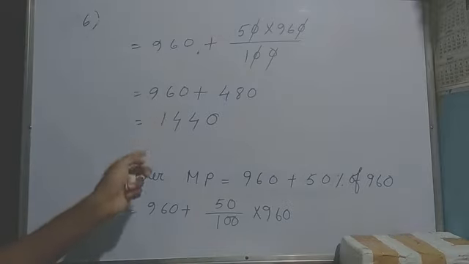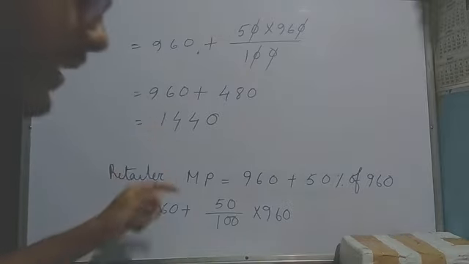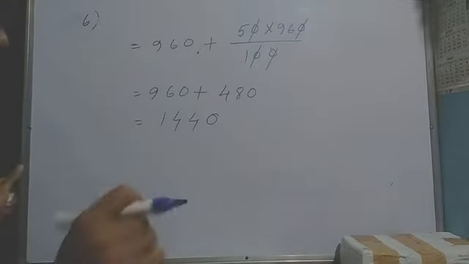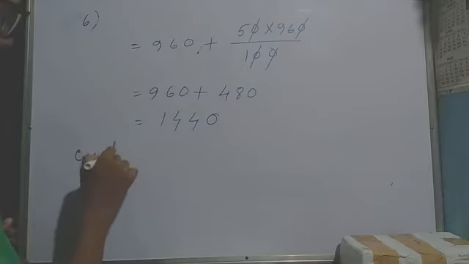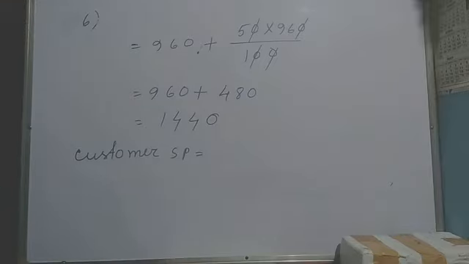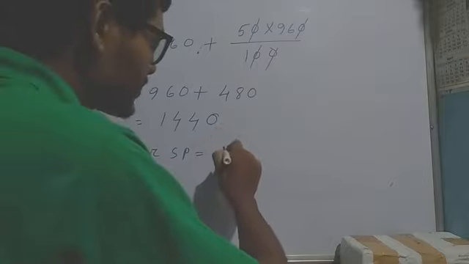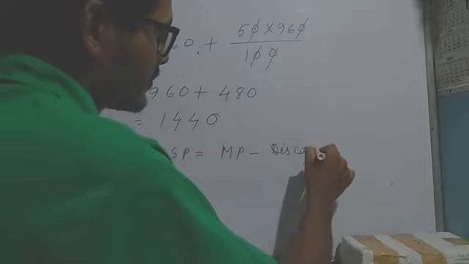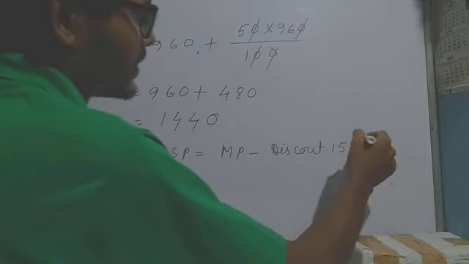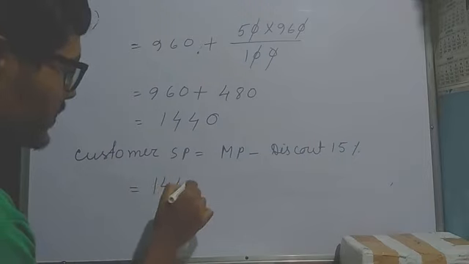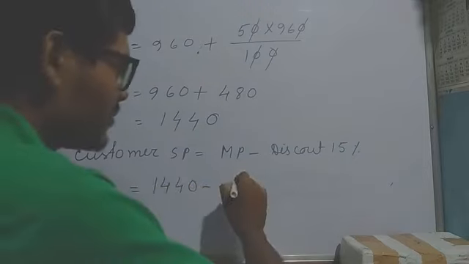Now for the customer, the shopkeeper is allowing a 15% discount. Now the customer part, customer selling price. From the market price, he is allowing a discount of 15%. The market price will be 1440. How much discount is he allowing? 15%.